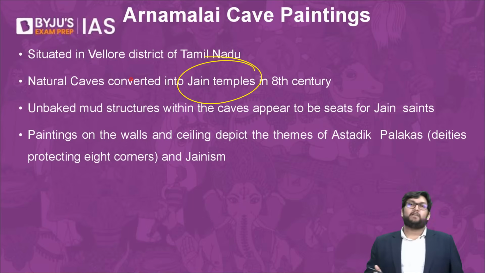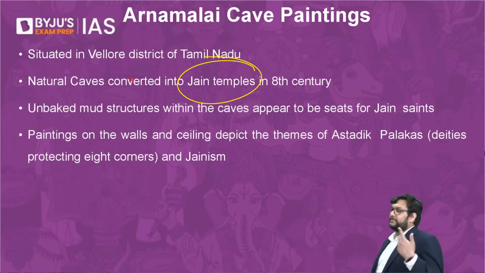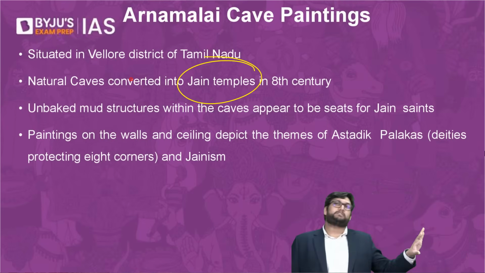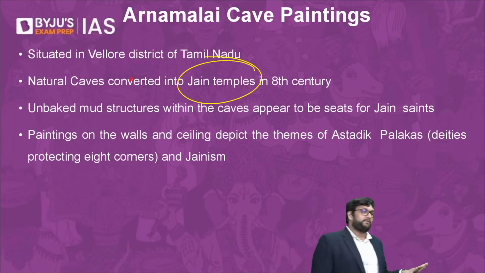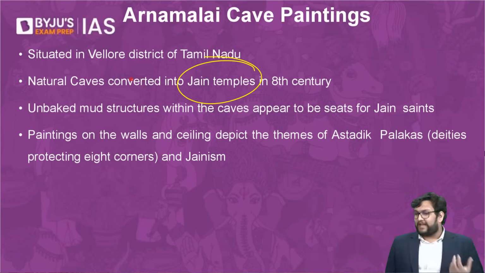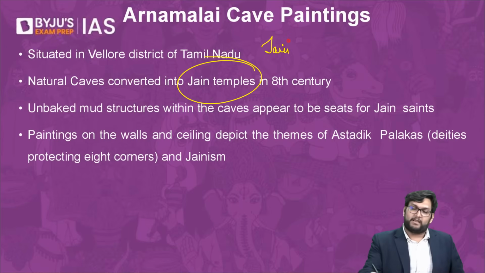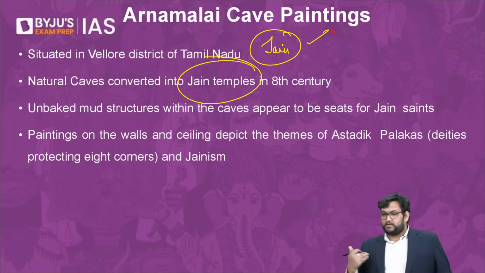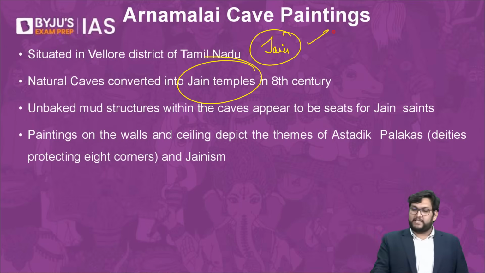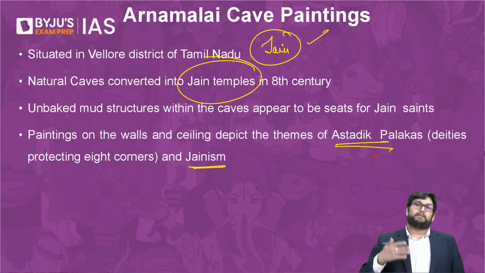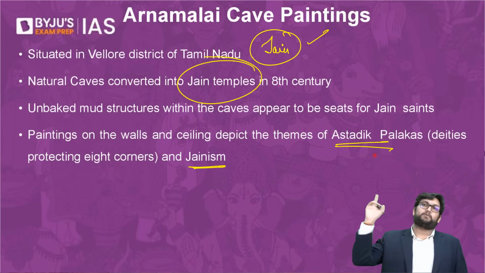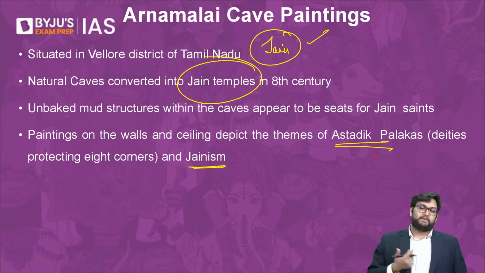They are Jain caves, and the paintings were made in a very obscure section of these caves. Some of them are actually natural caves. But the fact is, for Arnamalai caves, you just have to remember Jain. This will help you generally in answering questions. Here you have the Jainism influence. You have the aesthetic Ashtadikpalakas, the eight corner protecting deities, represented, but not very well.